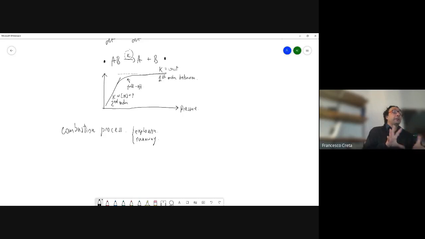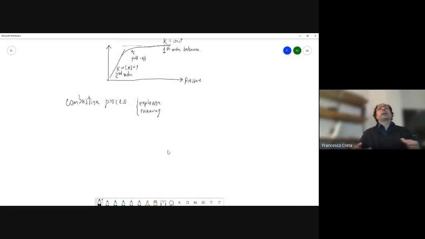Now, in combustion, usually there are two ways in which you can achieve this kind of very fast runaway, very fast explosion. Now, these two phenomena typically occur concurrently, so at the same time, but we are going to see them separately.